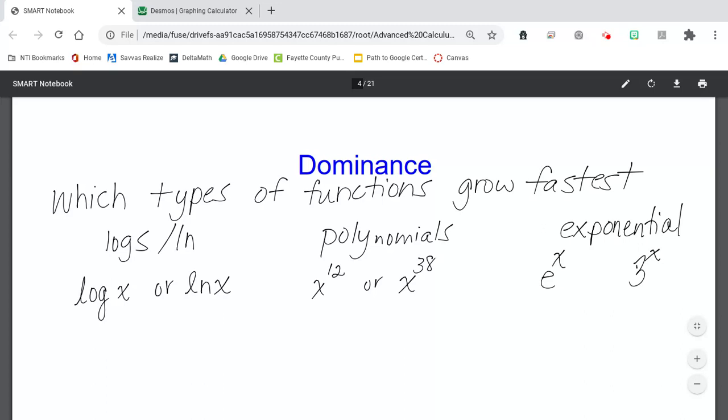So the first thing you're going to do is identify the most dominant terms in the numerator and the denominator. The most dominant term in the numerator is e to the x. The most dominant term in the denominator is the polynomial term x to the 37th.